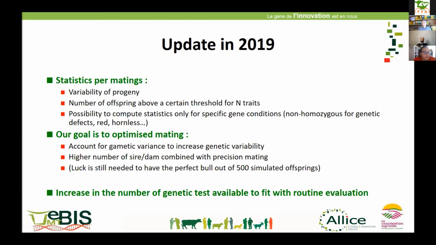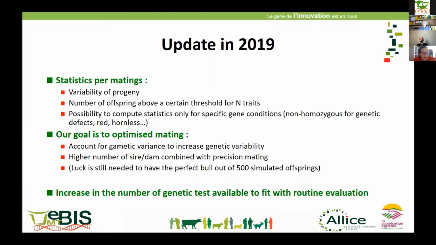The idea was to have statistics on variability of progeny. Then you can compute the number of offspring, or the probability of having offspring above a certain threshold for entry, and compute statistics for specific gene conditions, for example non-homozygous for a genetic defect, or focus on red animals. Our goal was to optimize mating and to account for the gametic variance.